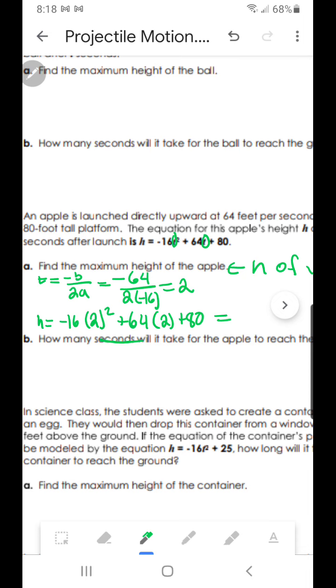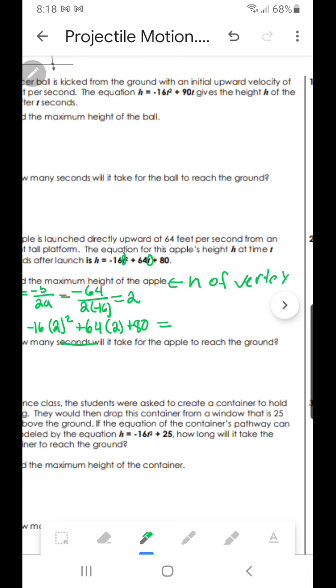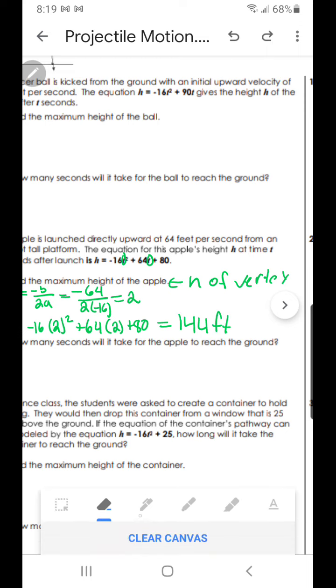And after we punch that into a calculator, we end up getting 144 feet. So much better when it worked out. Had all those crazy decimals, right? The calculation gets to be a little bit easier. So my maximum height is 144 feet.